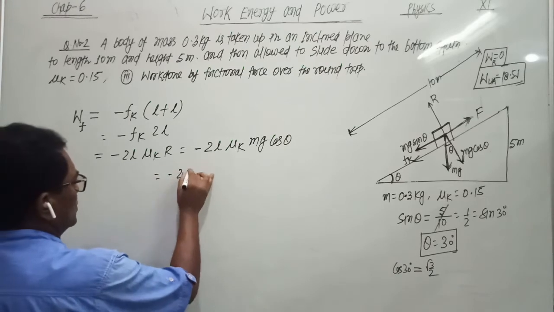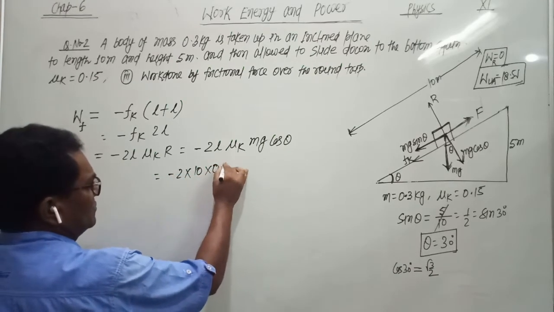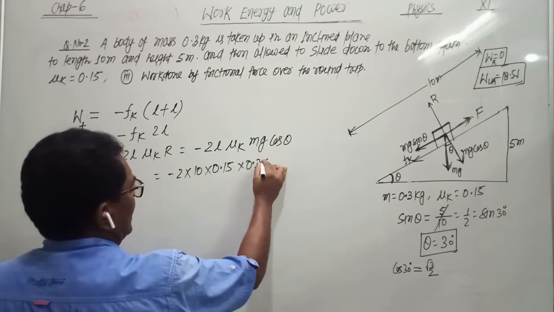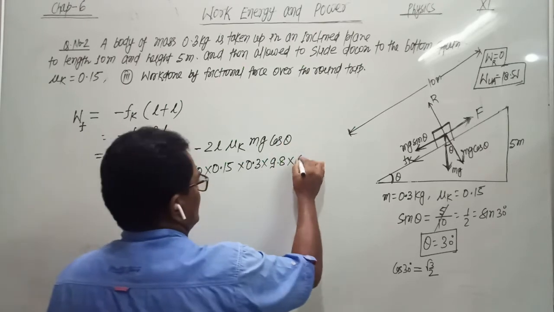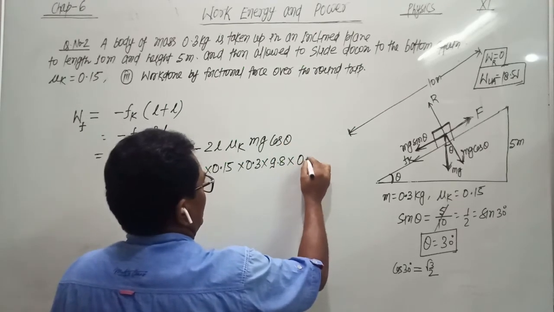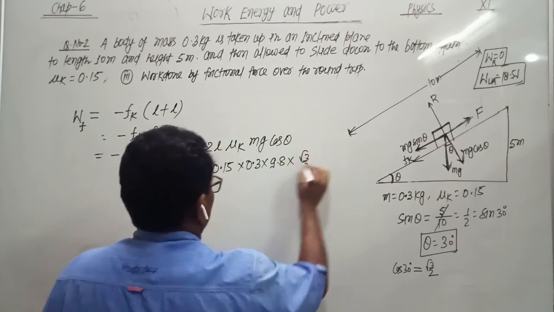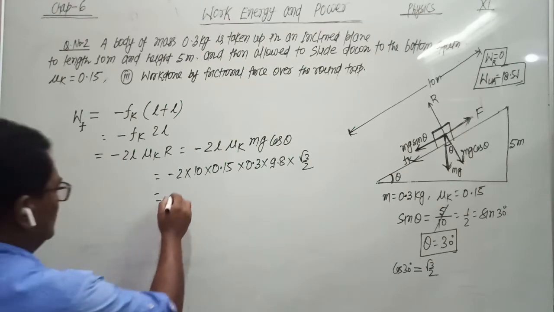So minus 2 into L which is 10, mu k is 0.15, mass is 0.3, g is 9.8, and cos 30 degree is 0.86 or root 3 by 2. When we solve, we get the result minus 7.6 joule.